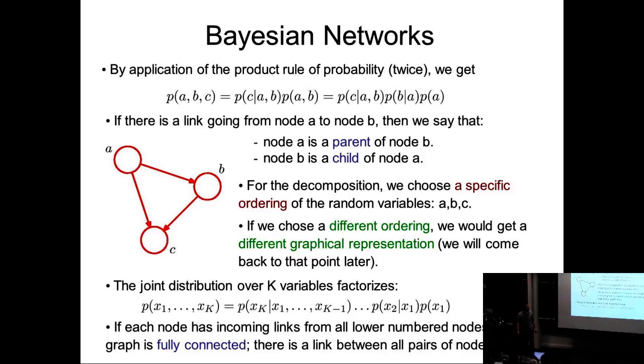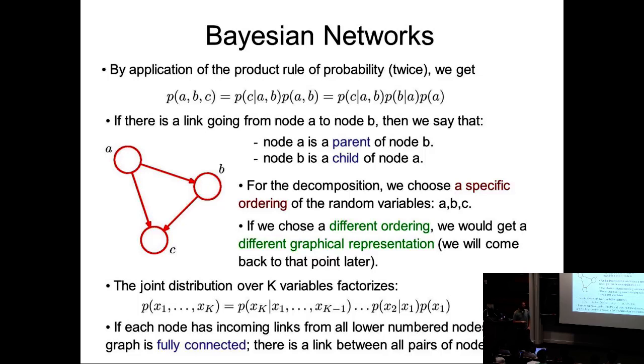Another thing is that if we have k random variables, think of large-scale models, where k could be on the order of thousands. There are going to be thousands of variables. Then again, the joint distribution can always be written in this conditional form.